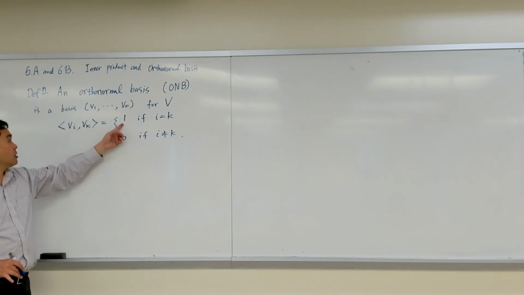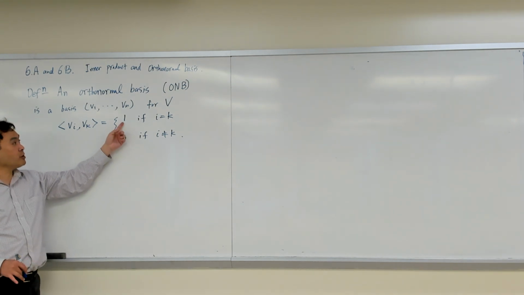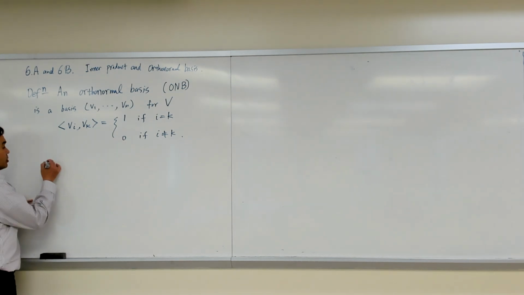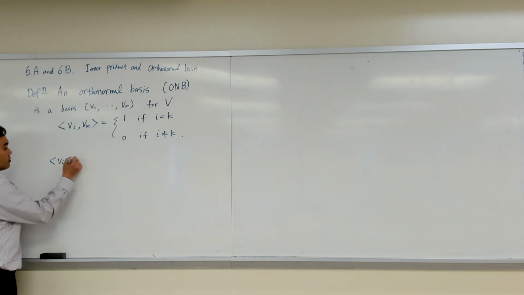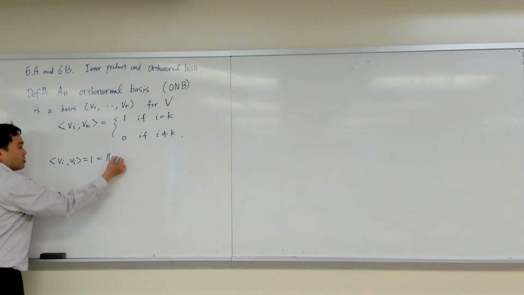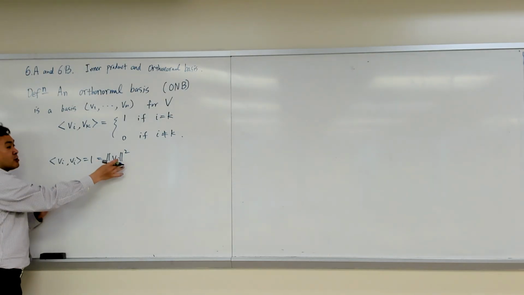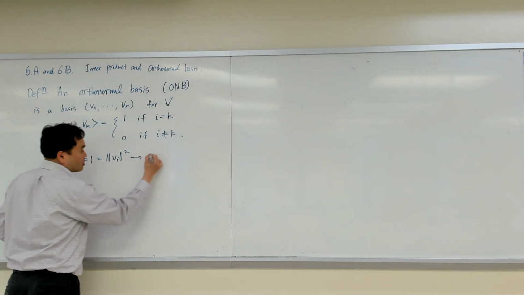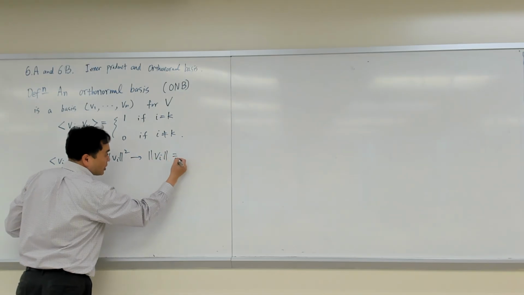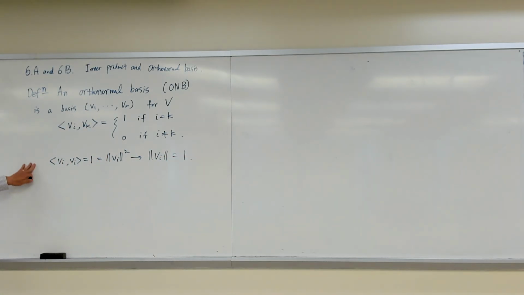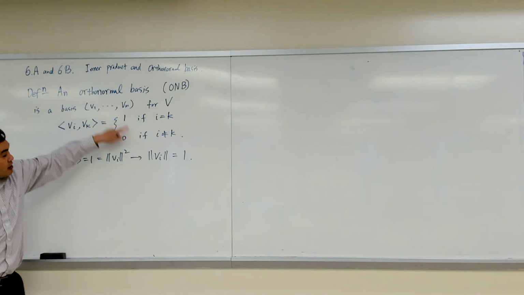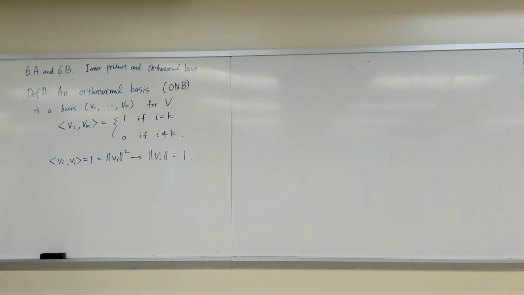So this condition really says that the inner product of Vi with itself is 1, but that's by definition the norm of Vi squared, right? And because this is a positive number, that means the norm of Vi is 1. So this part is saying that the vectors are normalized. Right? Okay, so that's the definition of an orthonormal basis.